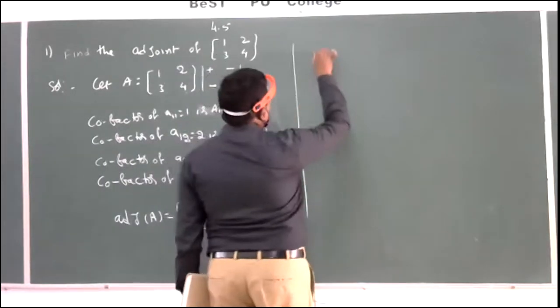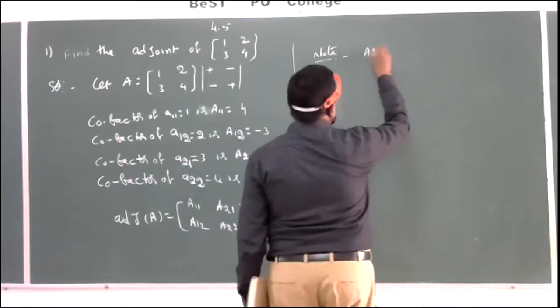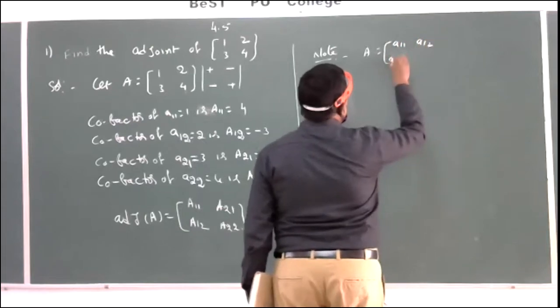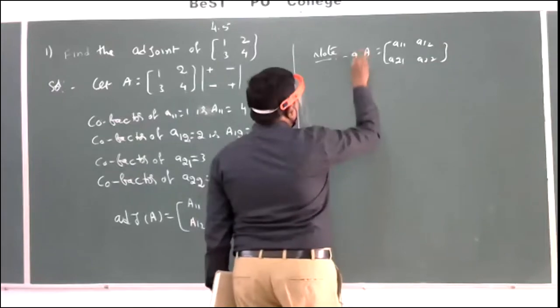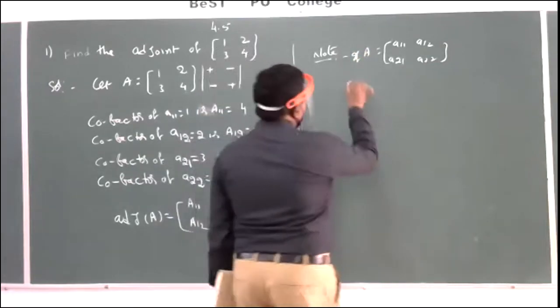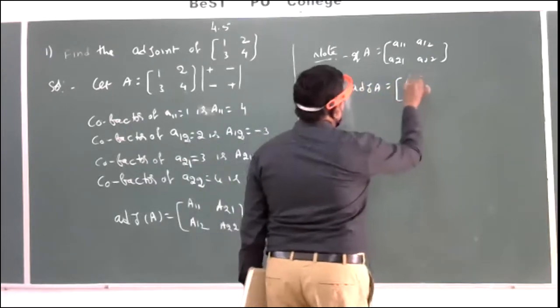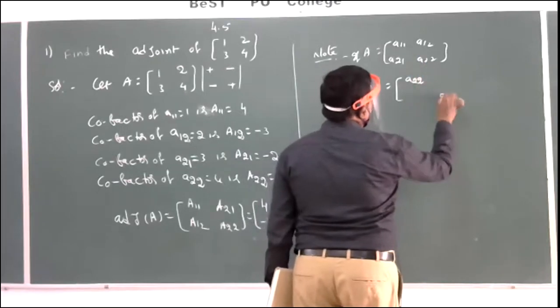Yesterday I gave you a direct shortcut formula for this. Once again you have to note that down. If A equals [A11, A12; A21, A22], then adjoint A equals [A22, minus A12; minus A21, A11].